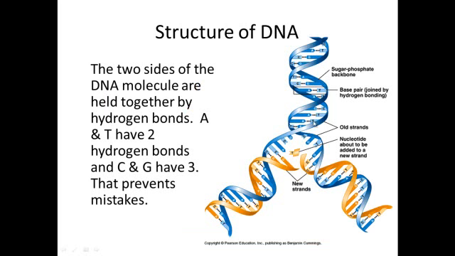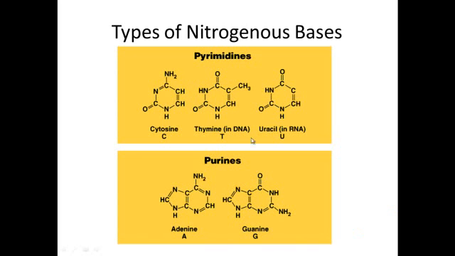To help make sure mistakes aren't made when we're going to copy the DNA, adenine and thymine always go together. When they go together, the hydrogens are going to form hydrogen bonds.